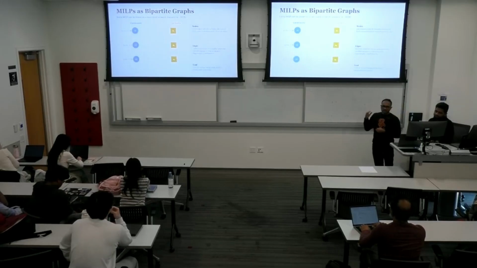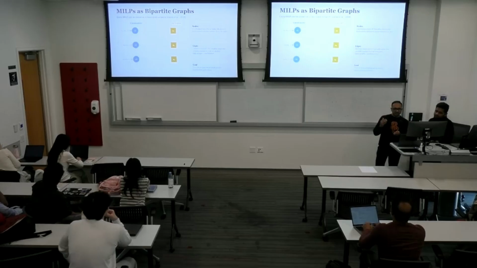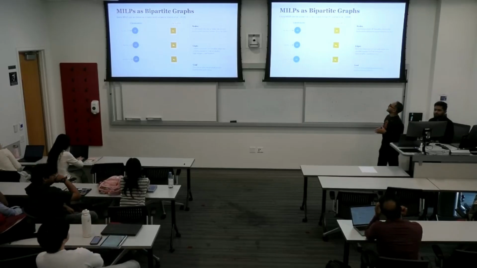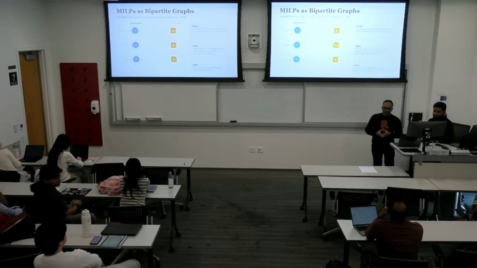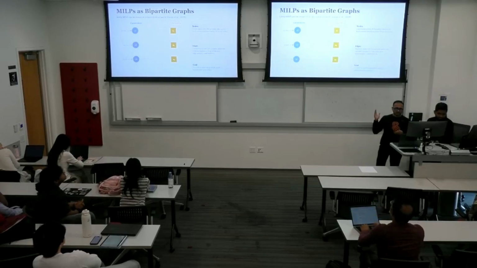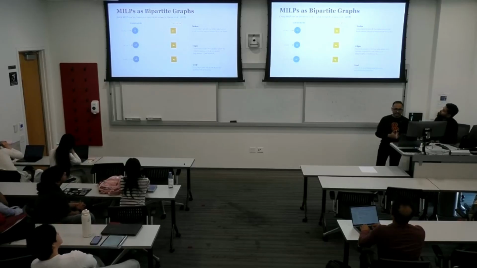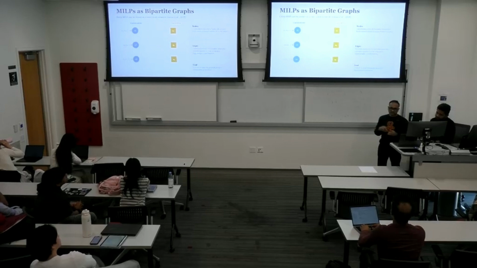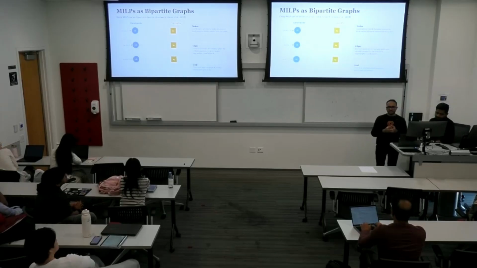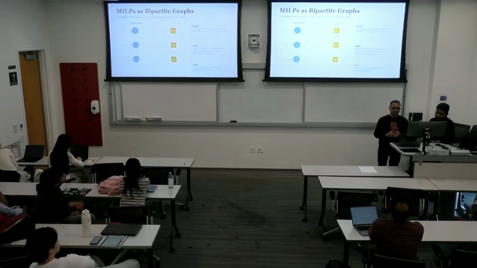To feed a MILP to a neural network, we represent it as a bipartite graph, which was proposed by Gasse et al. in 2019. The constraints are on the left side and the variables on the right side, and an edge connects them whenever a variable appears in that particular constraint, weighted by the coefficient.